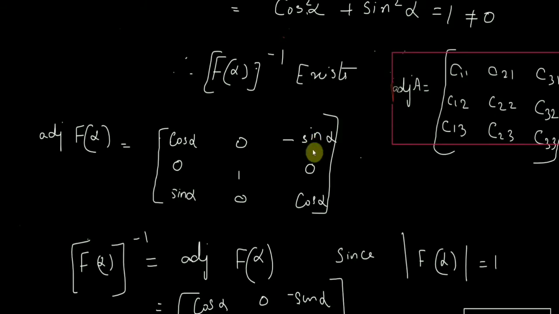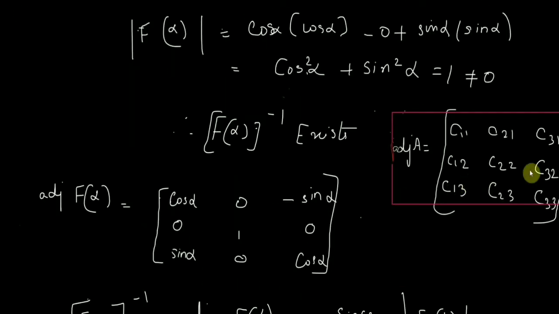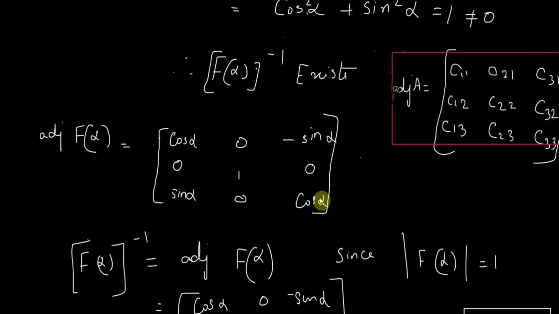So like that you can find out the adjoint. C31 is this and this, so 0 minus sin alpha, so this one is minus sin alpha. C32 means 3 2, this element, so it is 0. Next 3 3 is this element, cos alpha. So write it like this.